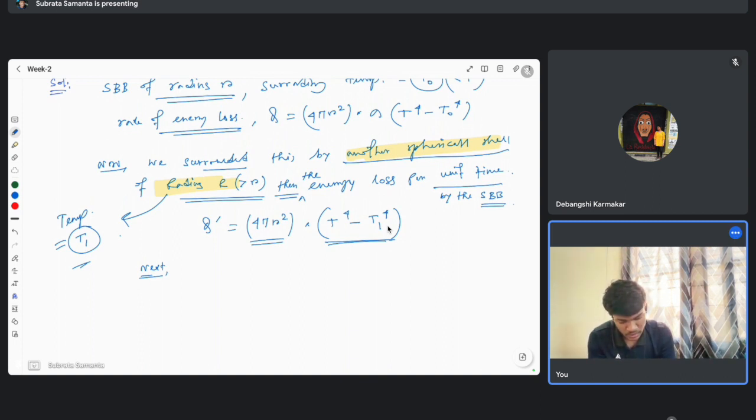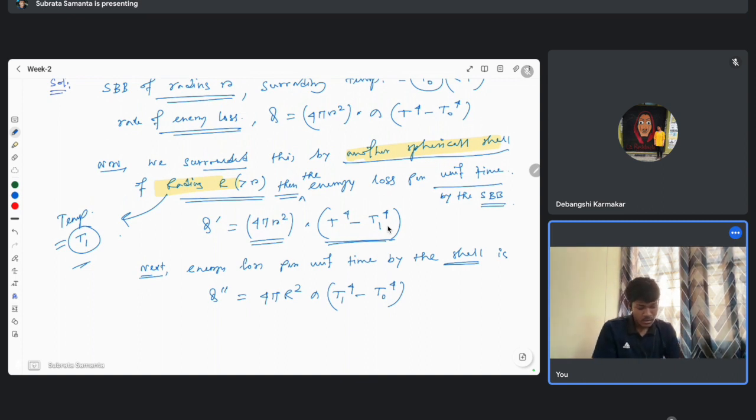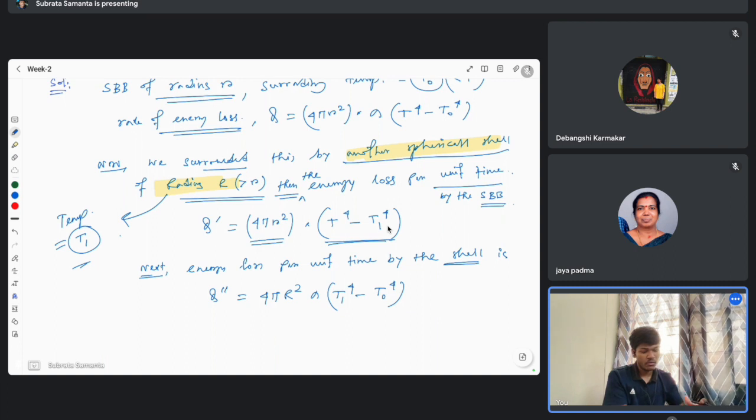So next, the energy loss per unit time by the shell, let's say Q double prime, is 4 pi times capital R squared times sigma times T1 to the power 4 minus T0 to the power 4, where T0 is the surrounding temperature.